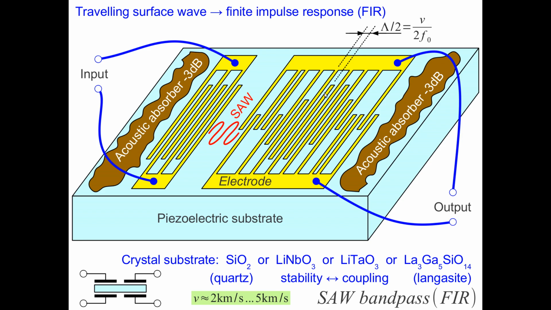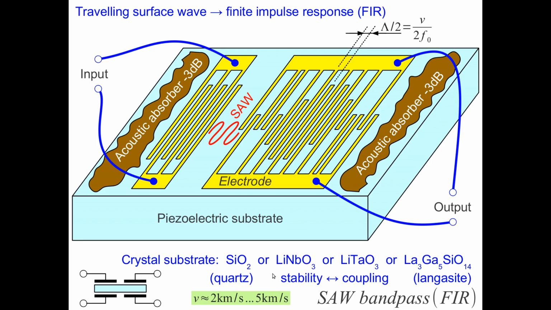So we can shape actually the response of this filter. This is a finite impulse response filter. We can shape it by the shape of the electrodes. We need acoustic absorber at the beginning and at the end of the filter, to absorb unwanted acoustic waves propagating in unwanted directions.